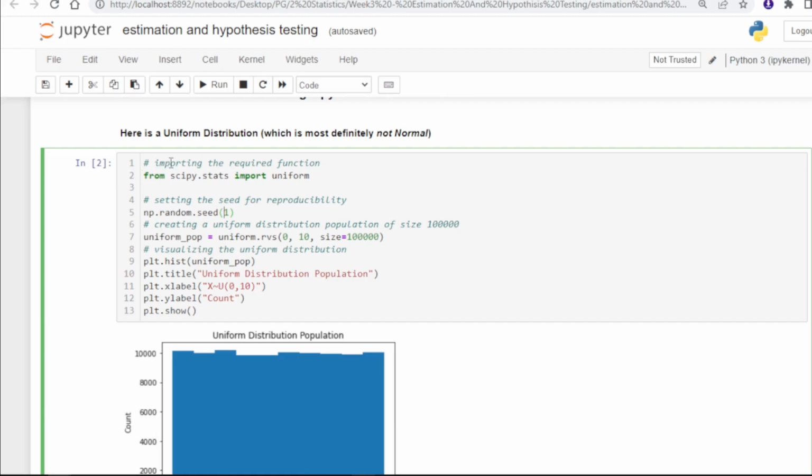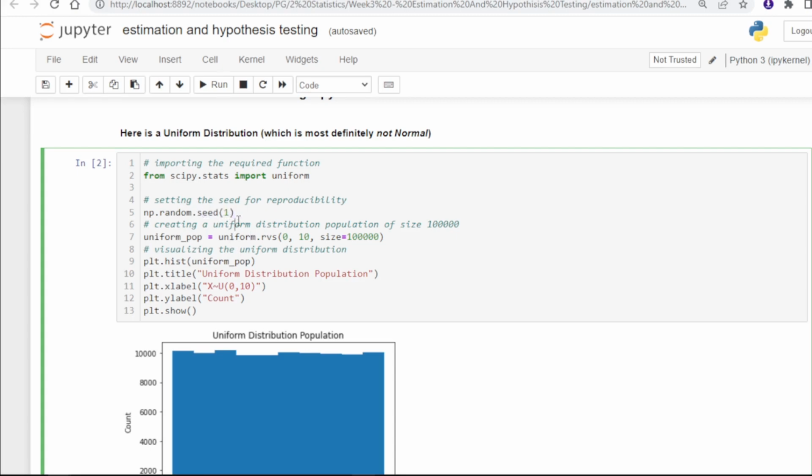Here we have a uniform distribution, which is most definitely not normal. So we import uniform from stats, just uniform, and we seed for reproducibility.